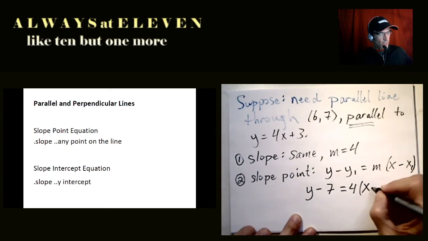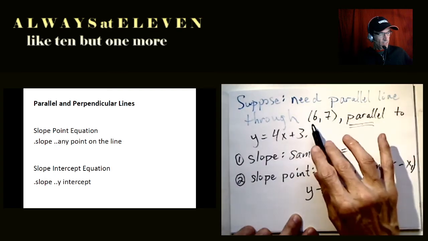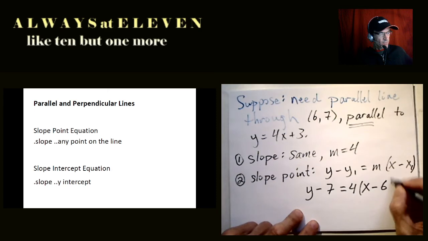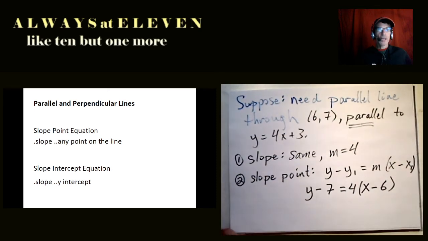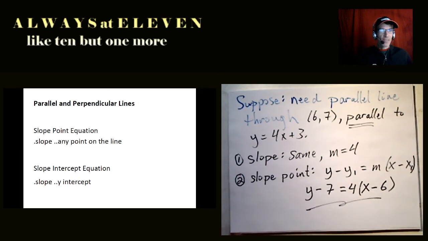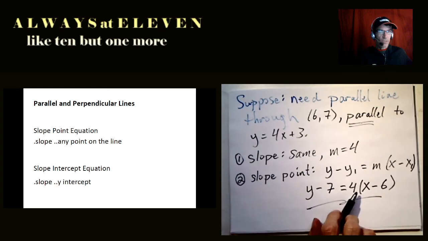And then it goes x minus the x-coordinate of the same point there, which is 6. And so what is nice and amazing about this is that this is finished. It looks long and incomplete, but in fact, this satisfies our requirement. This is the slope point form of a line.